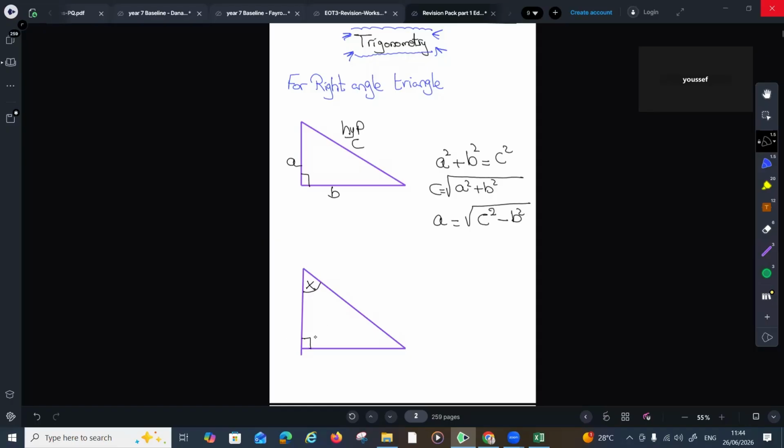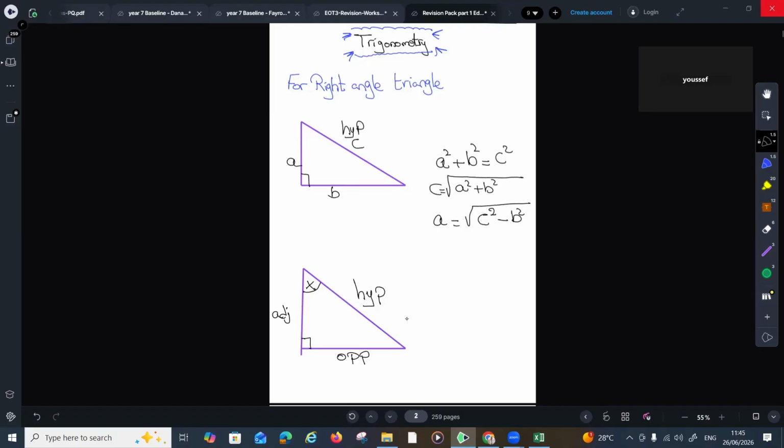Now, if you want to get the angle x or to get any of the sides, we have three basic rules. First, we have to name the sides. The side that's opposite to the 90 degrees is called the hypotenuse. We agreed that that's the longest side in the triangle. And the side next to the angle is called adjacent. And the side opposite to the angle is called opposite because it's opposite.